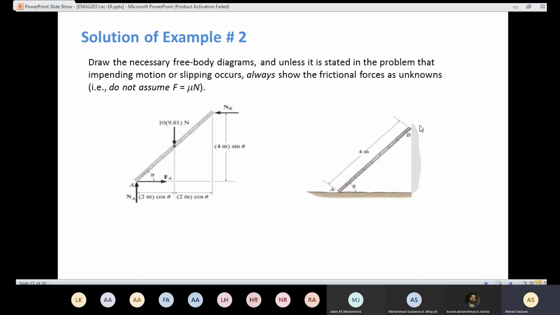We have only a normal force perpendicular to the surface, which is NB. And here at point A, we have NA, the normal force, and here we have the frictional force, FA. The direction is to the right because the motion is going to be to the left.